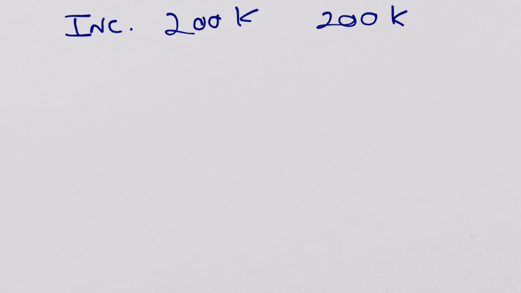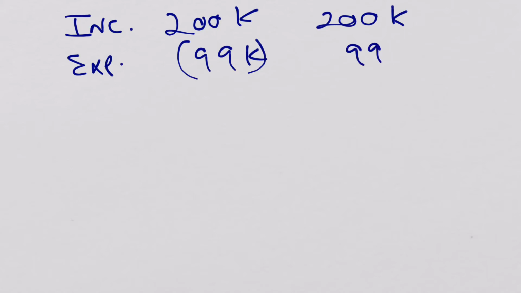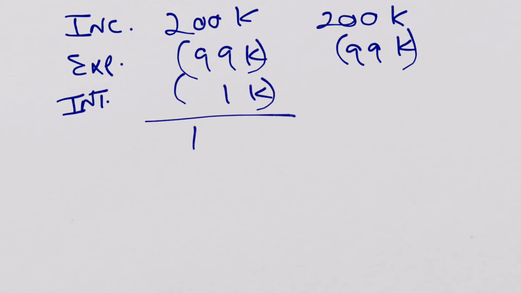Let's set it up and say we've got income of 200K. We'll look at it two different ways. We've got expenses, 99K. We've got interest expense of 1K. Gives us net income before taxes.